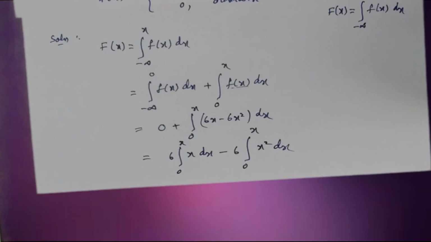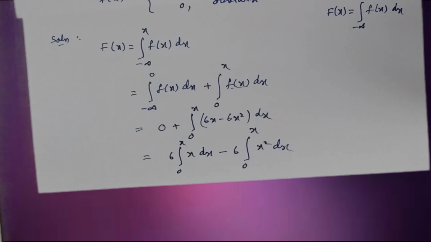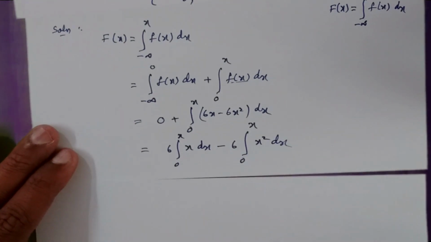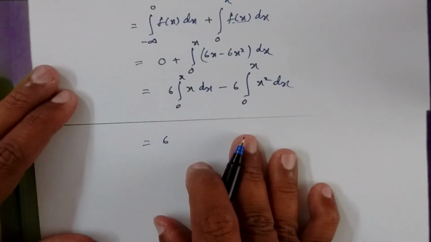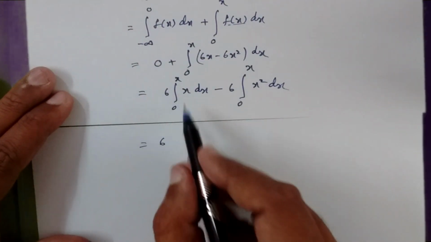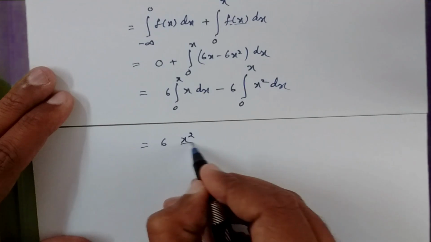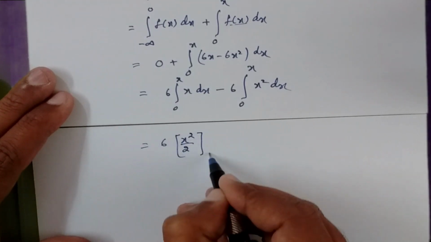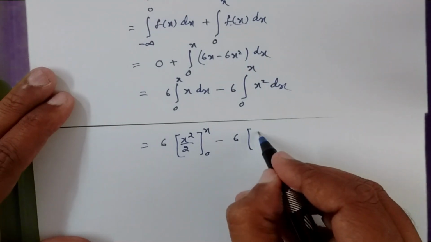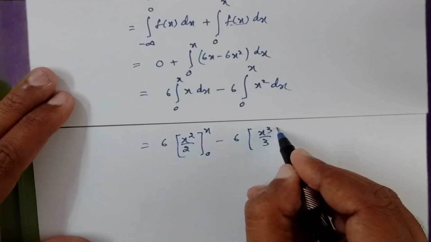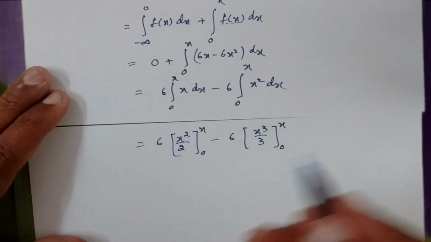Now if you try to integrate this expression, that will be equal to 6 as it is. Integral of x will be x square by 2, limit value from 0 to x. 6 is outside, integral of x square will be x cube by 3, limit value will be 0 to x.